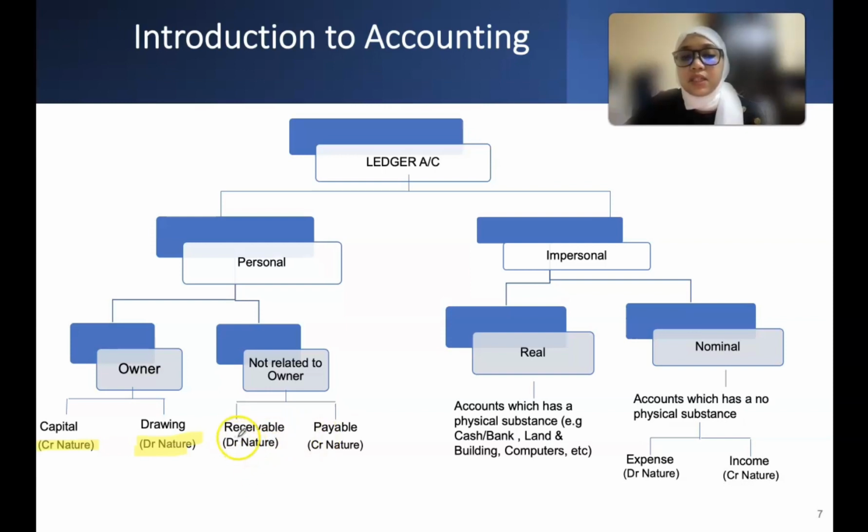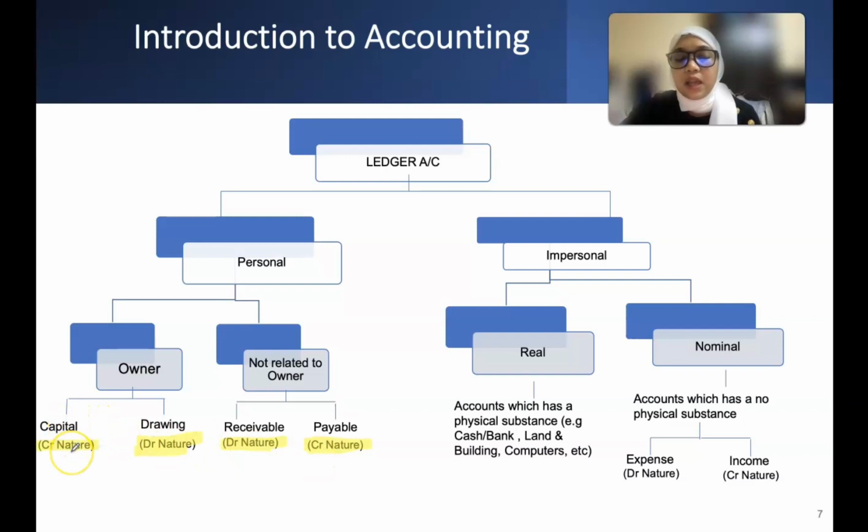A receivable account always has a debit nature. What is payable? Payable is something we owe to our supplier. We need to pay cash to our supplier. Payable always has a credit nature.